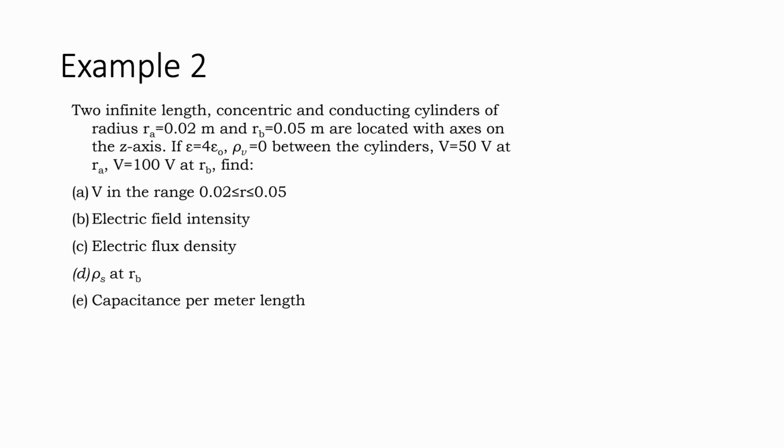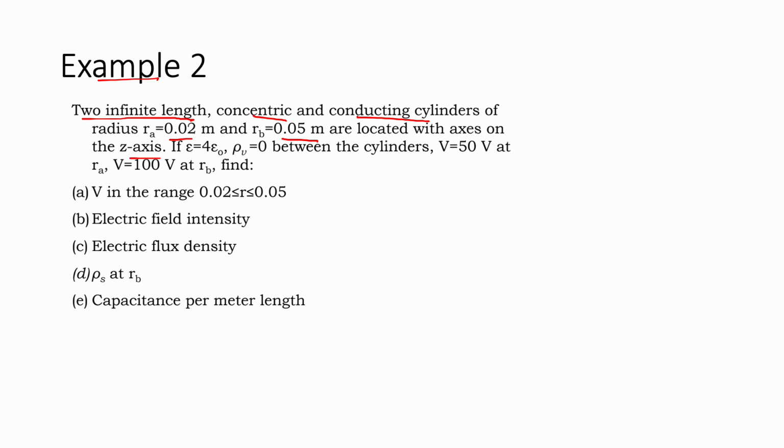Okay, now let's look at example number 2. For example number 2, there are two infinite length concentric conducting cylinders of radius RA equal to 0.02 meter and RB equal to 0.05 meter, located with the axis on the z axis.